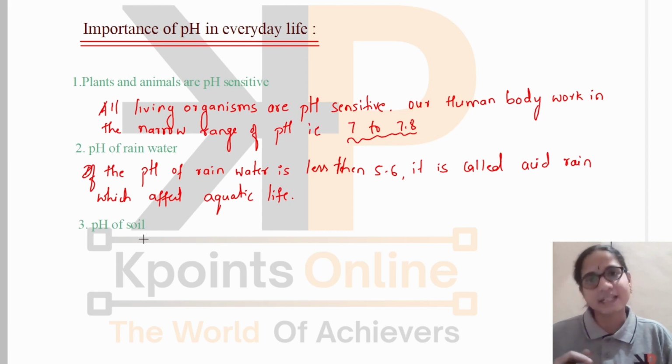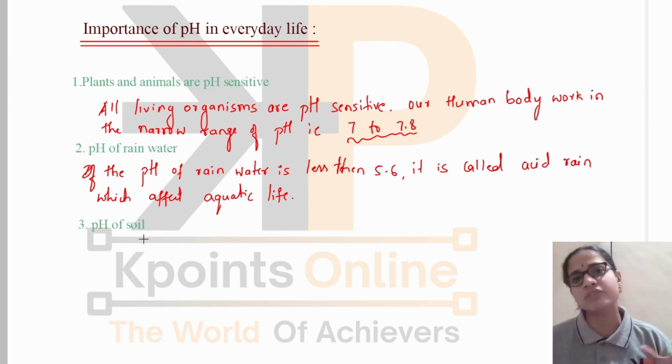Then it will decrease the acidity of the soil. Now you are going to understand where we are practically applying pH values. If the soil seems to be more basic in nature, then we will add some organic matter to decrease the basic nature of the soil. All crops will grow in a particular range of soil pH, so we need to test the pH of the soil before growing the crop.